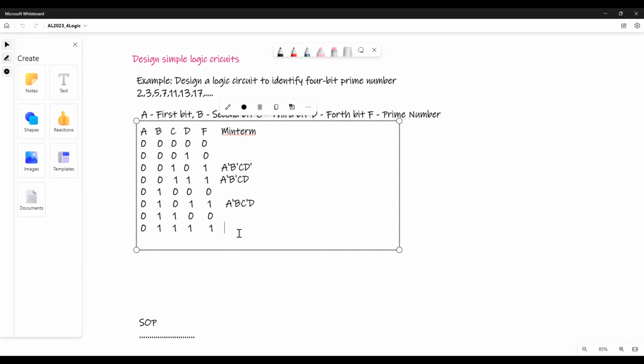We have a 4-bit prime number. We have 0, 1, 0, 1, 0, 1, 0, 1. Okay, we have to write down more, right?